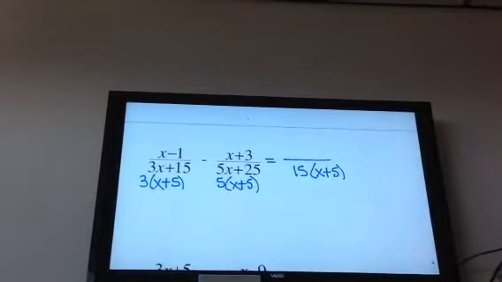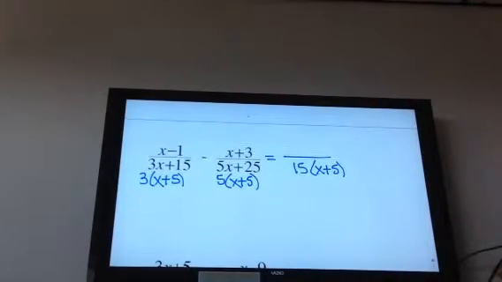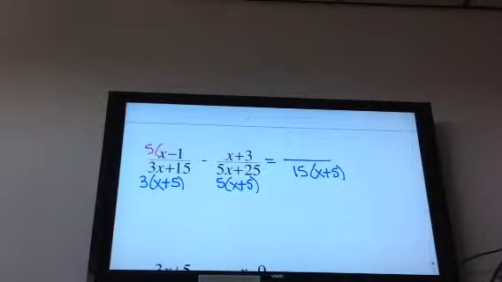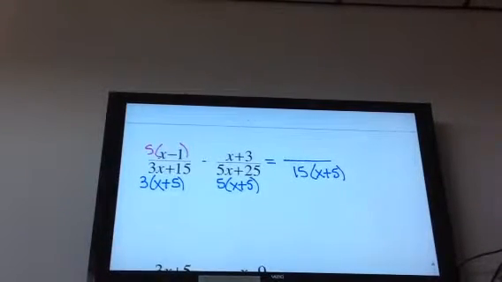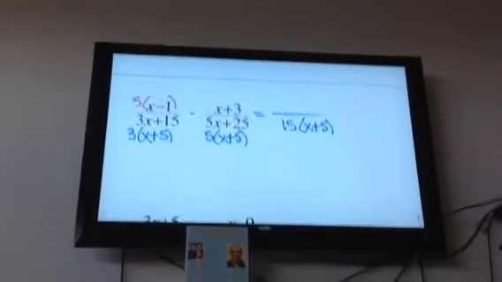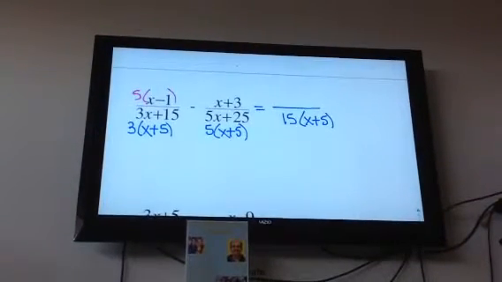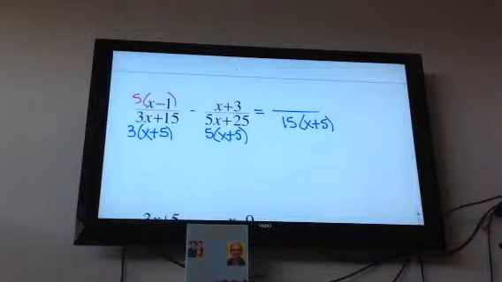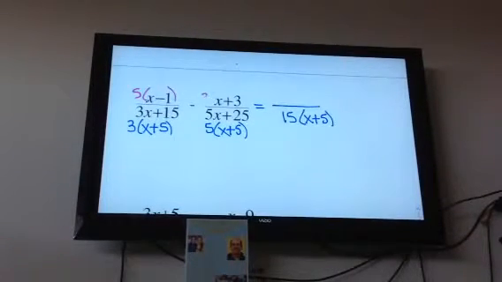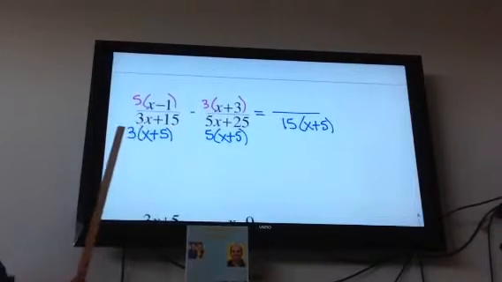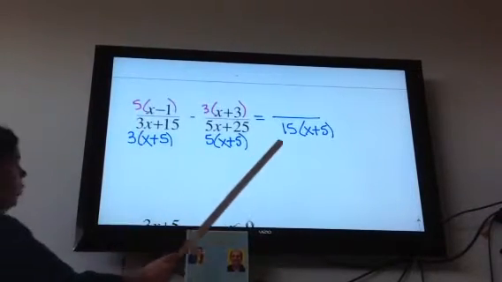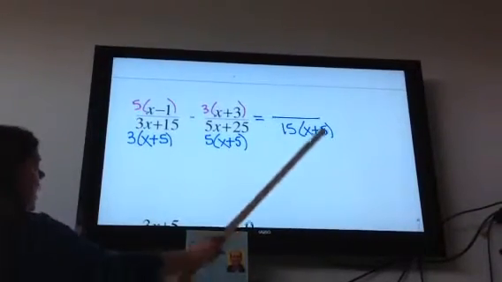Just multiply it by the 5. That would make it 15 times x plus 5. And what about the second one? What am I going to multiply it by now that you've seen that one? Evie? By 3. So I'm comparing. I'm deciding what do I multiply this by to make it look like the LCD, the least common denominator.